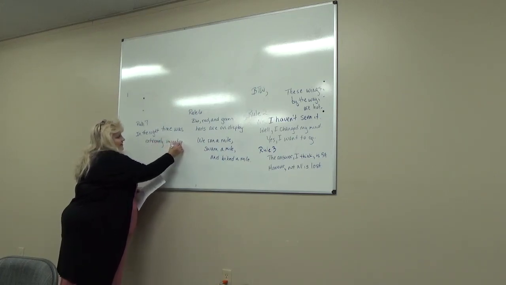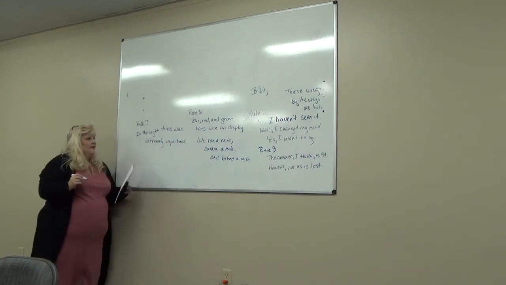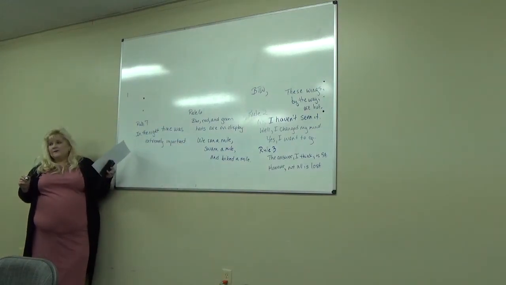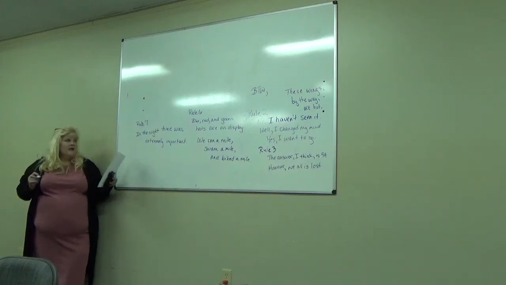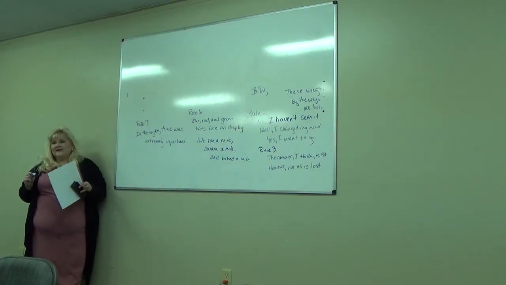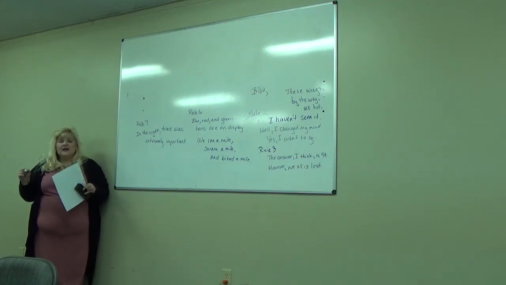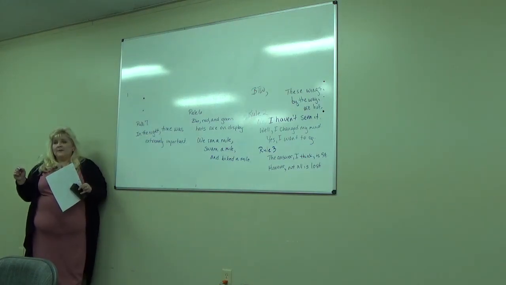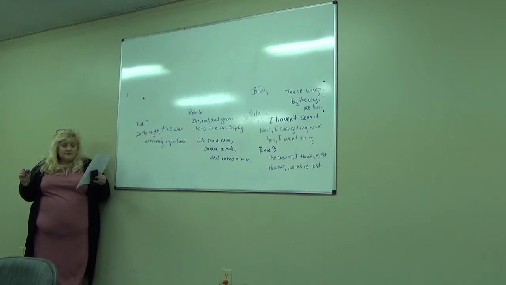Now this sentence can have two different meanings, can it? In the nighttime was extremely important. If I put a comma here, it changes the sentence a little bit, doesn't it? In the night, time was extremely important. Okay, so sometimes you have to use a comma to clarify or make clear your sentence.